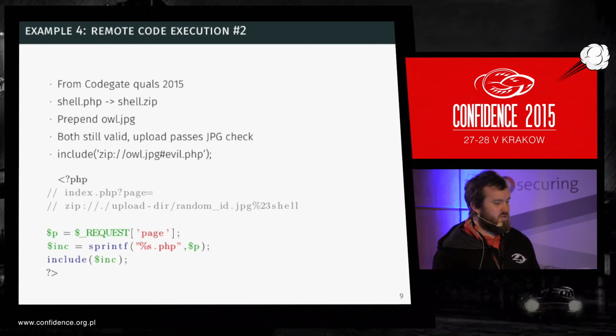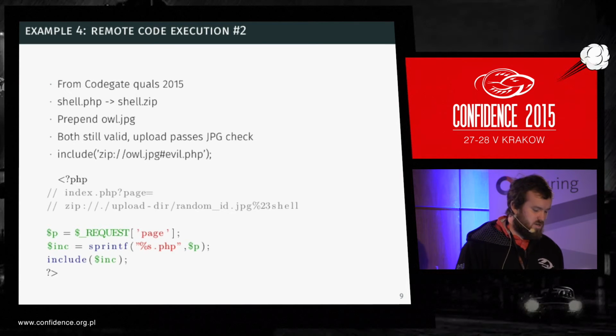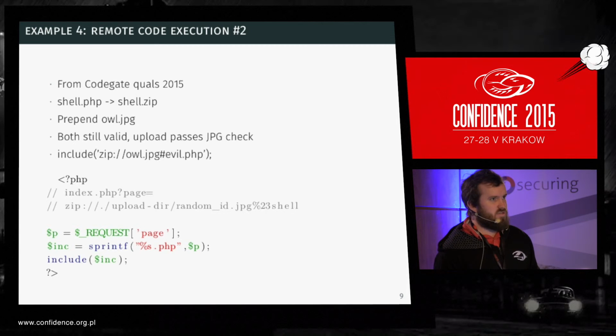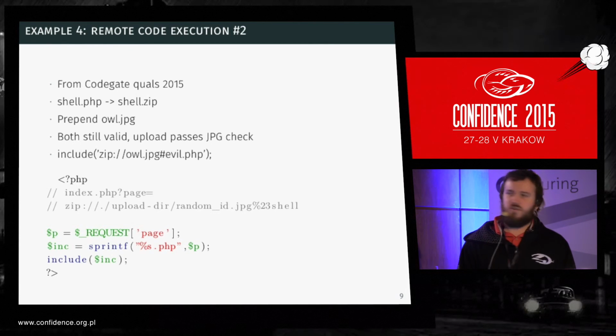This is from the other part of the CodeGate qualifier challenge, where, as I said, it was an image uploading site. You could upload images. It would check that it was a valid JPEG image, and then it would give you a random ID for that image. So we took some PHP code that we wanted to execute, zipped it up, and then prepended a valid JPEG file.